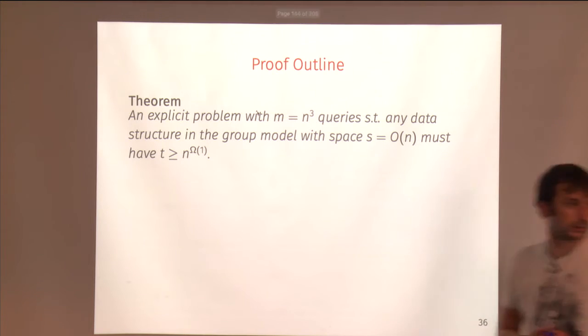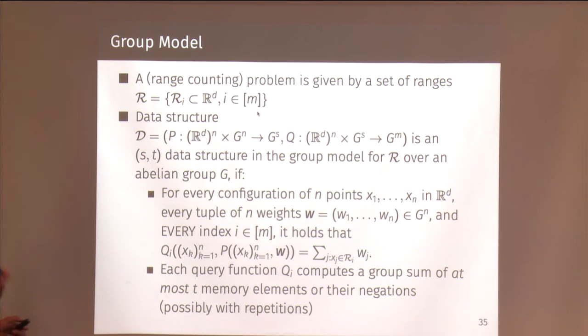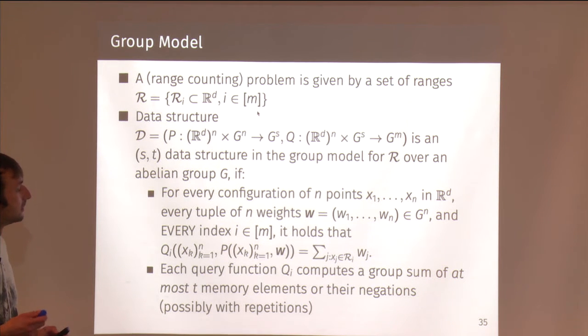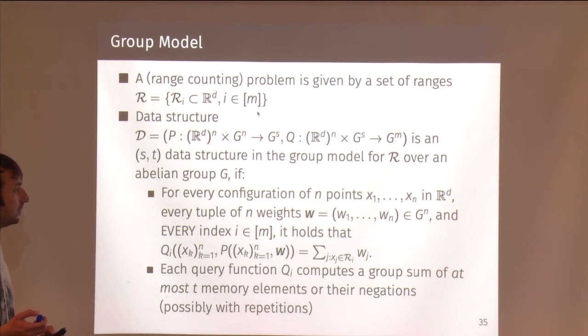Sorry, I'm not done with you. If I do the linear model over a small field, does that fit into the group model? It does fit, for example for F2. So does that mean lower bounds? Does the group model apply to lower bounds? In the linear model, isn't it assumed that the group is known?